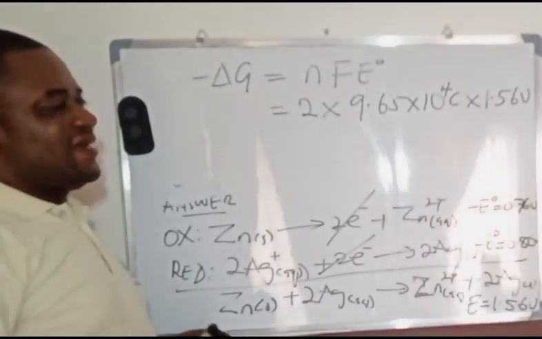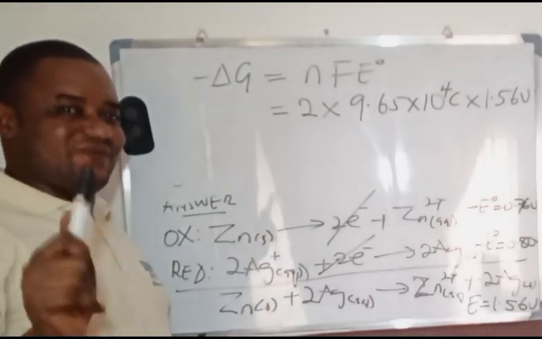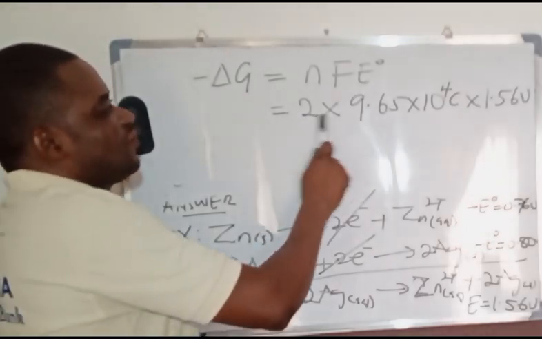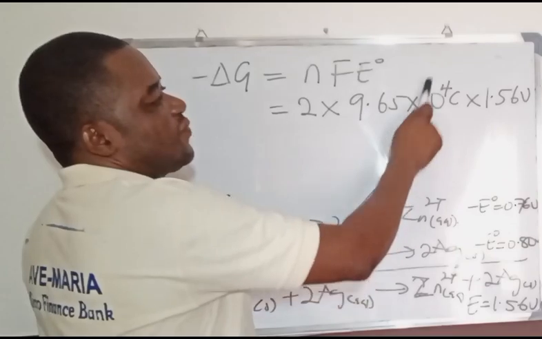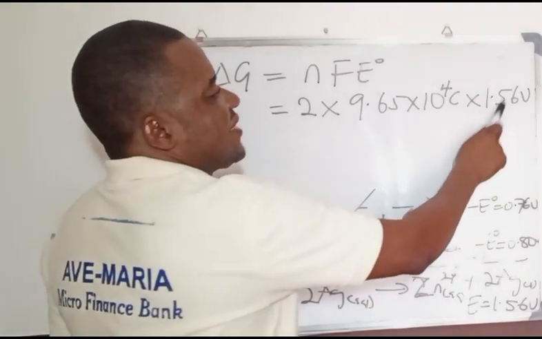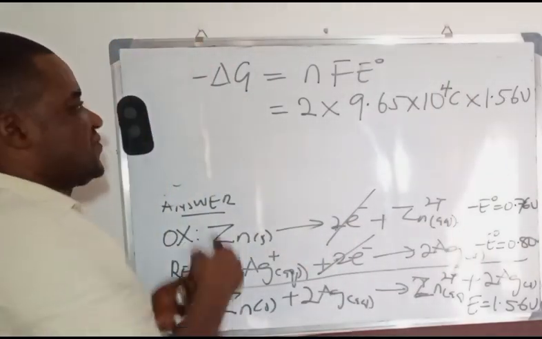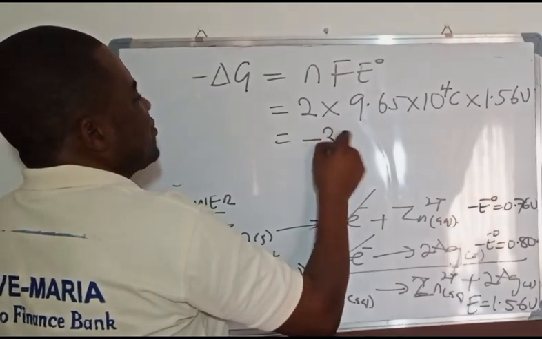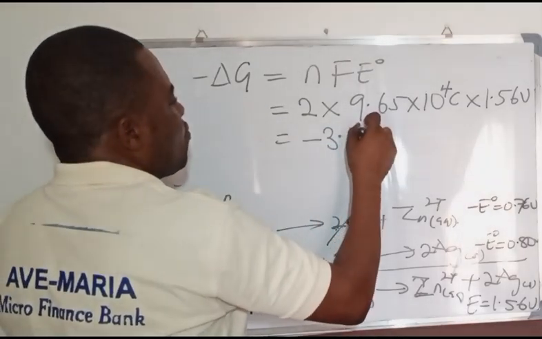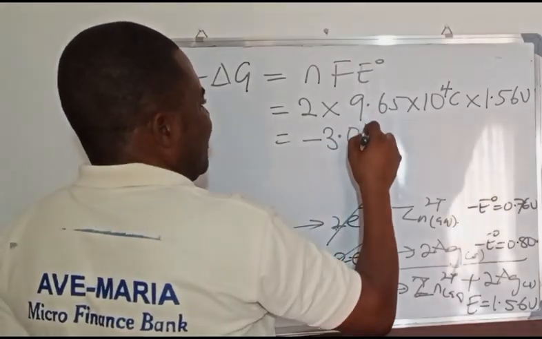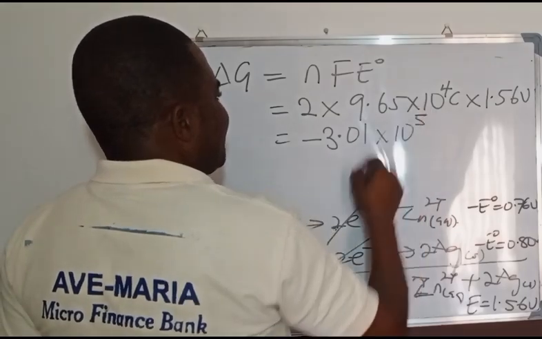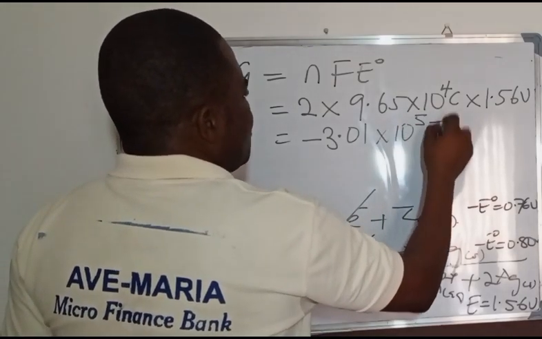And with this, I want you to use your calculator to do this. Let's see. If you multiply 2 by 9.65 times 10 to the power 4 coulombs times 1.56, you should be able to get something like minus 3.01 times 10 raised to the power 5. That's what you have, and this will be in joules.